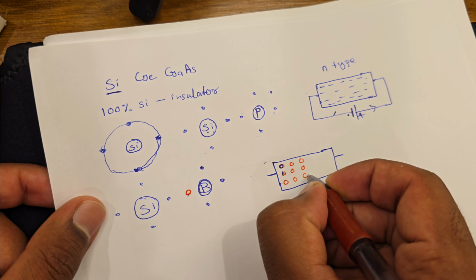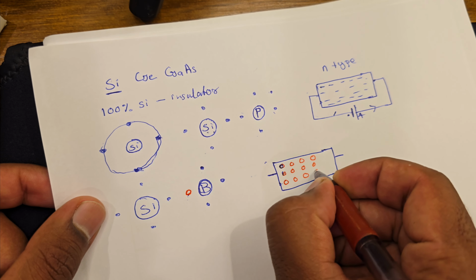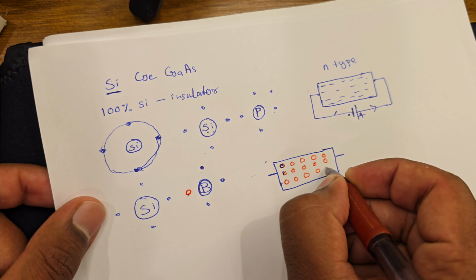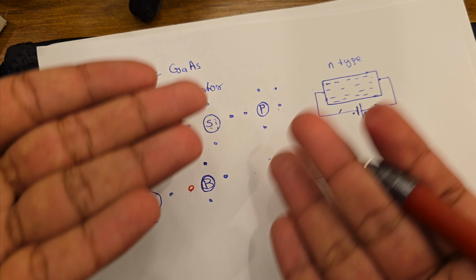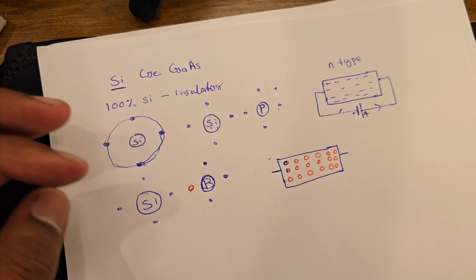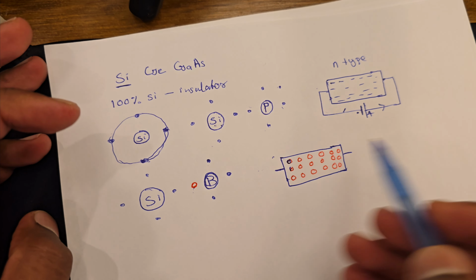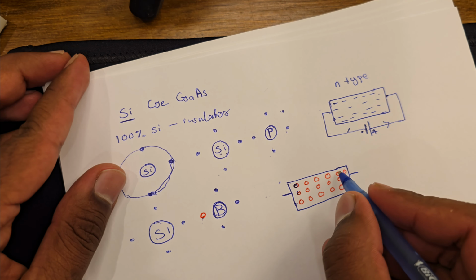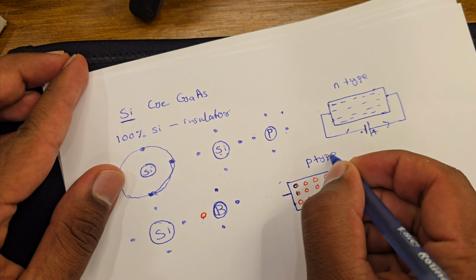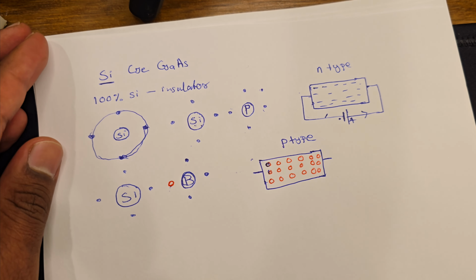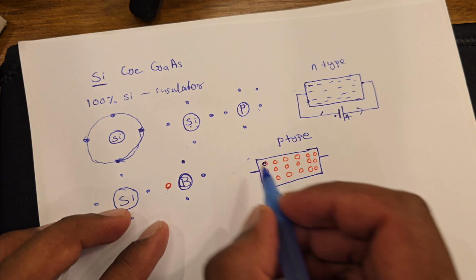So these are holes, meaning vacancies of electrons. There are no free electrons, but there are so many vacancies of electrons in this semiconductor crystal. This kind of crystal is called a p-type semiconductor. So what happens if we connect a battery?